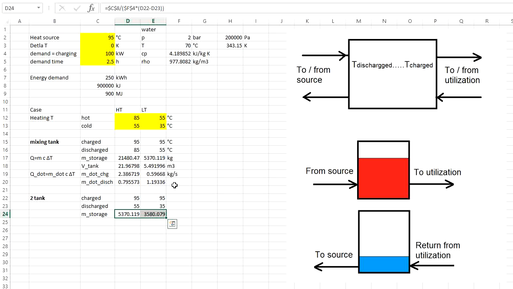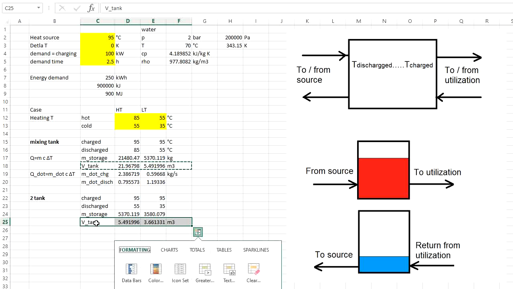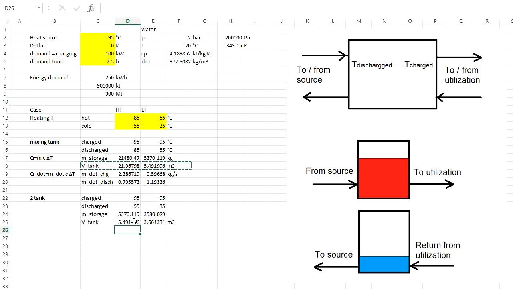So you can already see the change from the previous case. And we can immediately put under that the volume of the tank, where in the first case we have 5.5 cubic meters and in the second case 3.7.